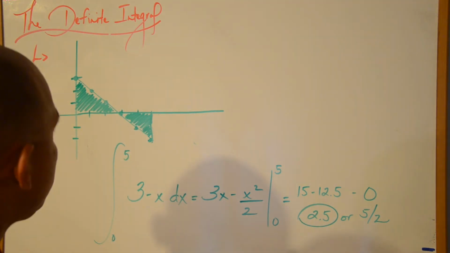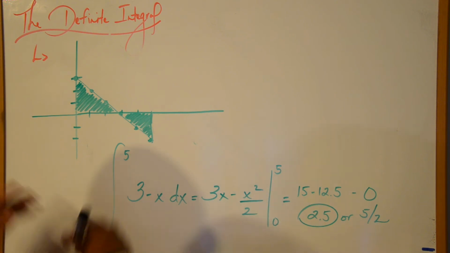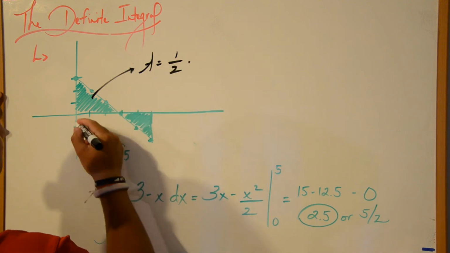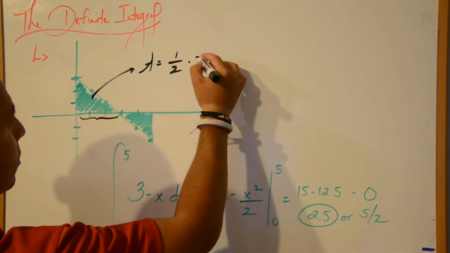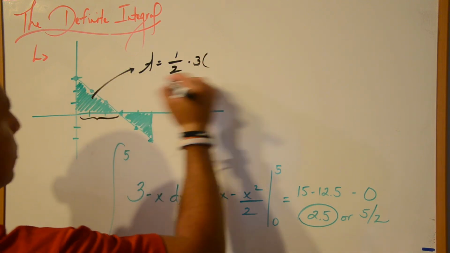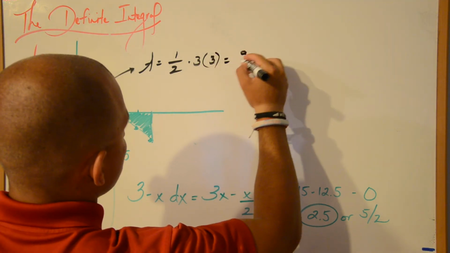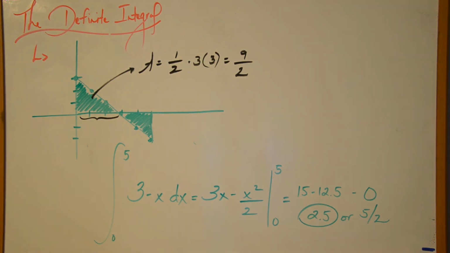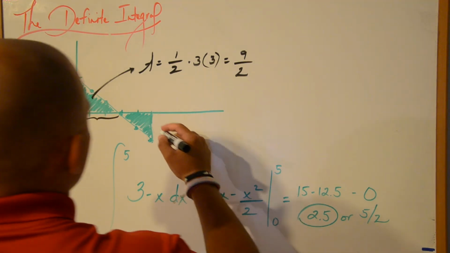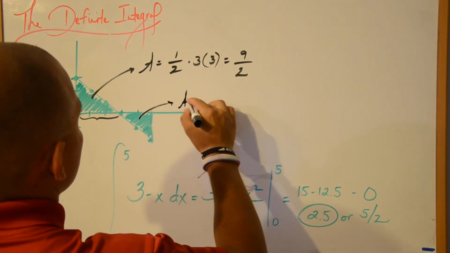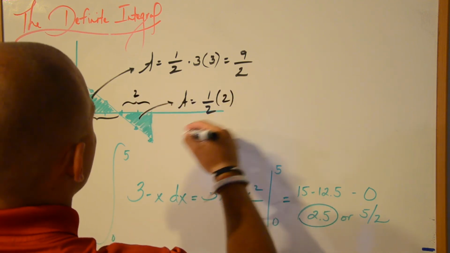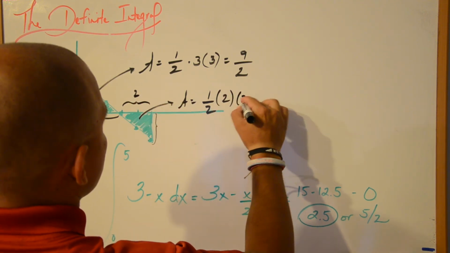So we have two triangles here. If we take the area of triangle 1, we get 1/2 times base 1, 2, 3 times height 1, 2, 3, which is going to yield 9 halves. So far so good. And we get the area here, which is 1/2 base 2 times height, also 2.